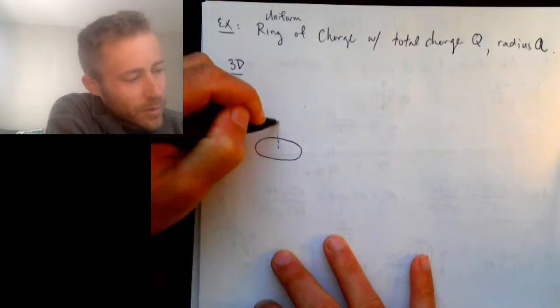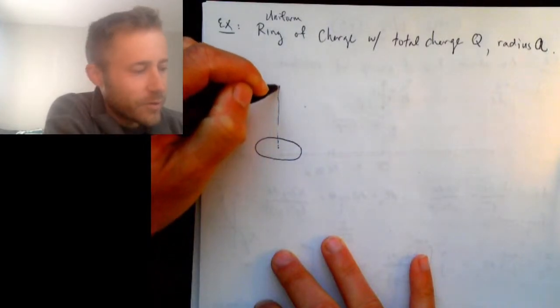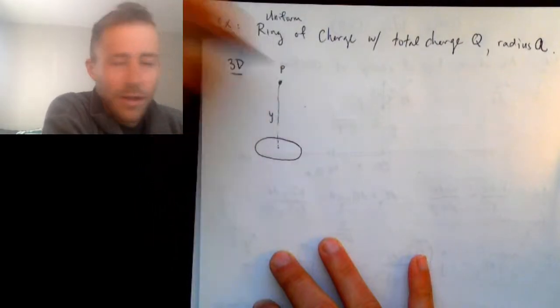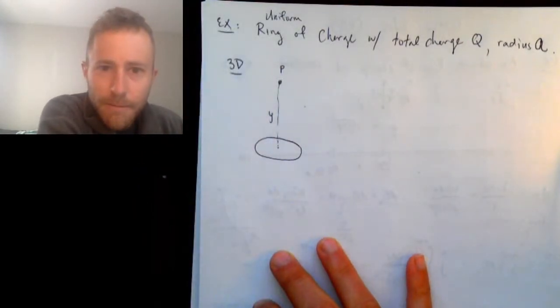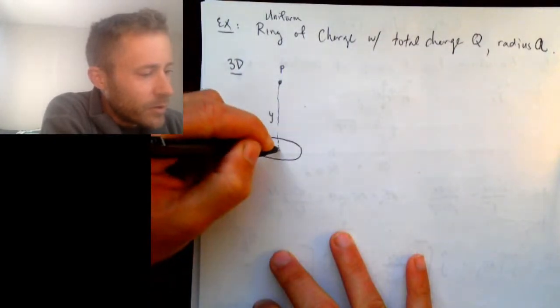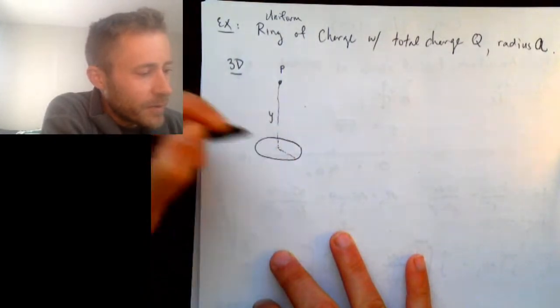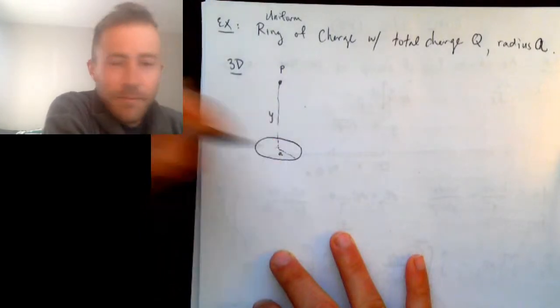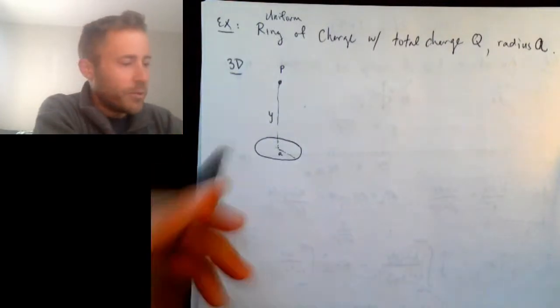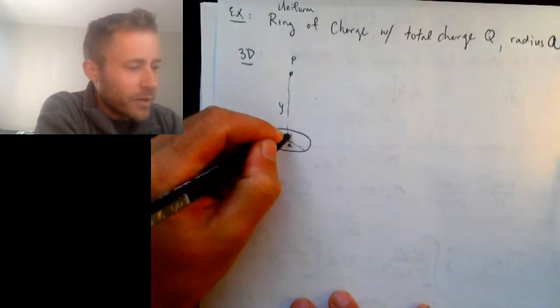And we go up a distance y, and there's our point P where we're going to calculate the electric field. And this distance right here is going to be A. Now, because this is a 3D perspective, this is actually a right angle.